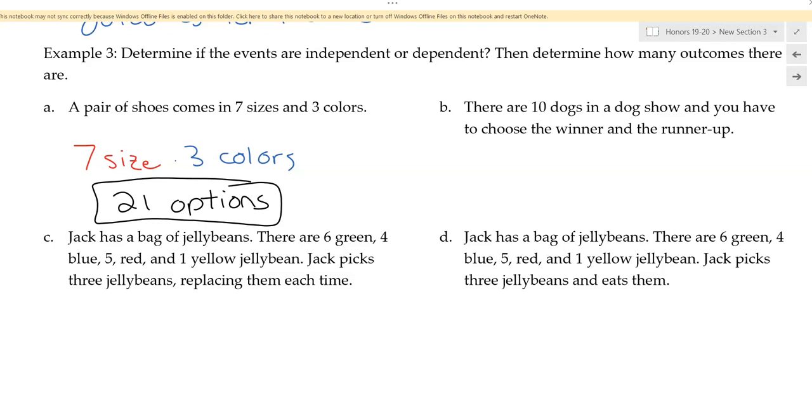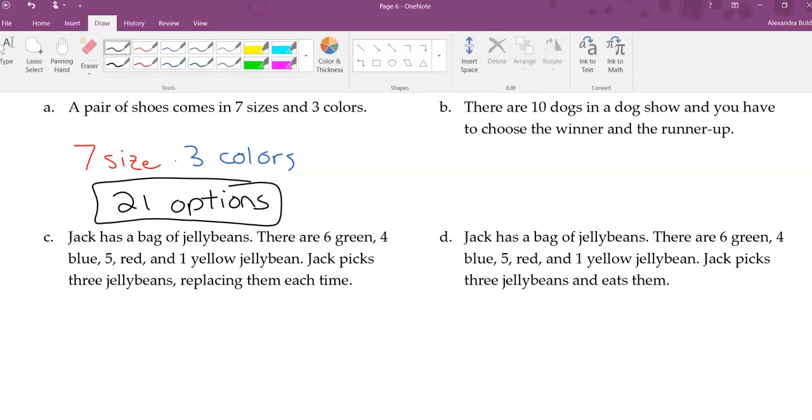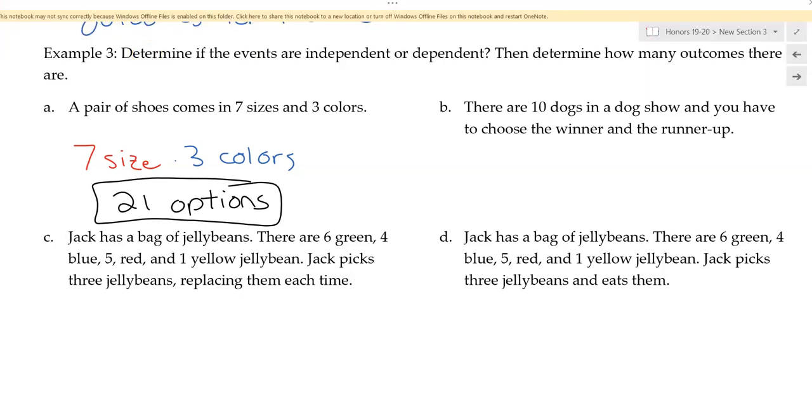Looking at B, there are 10 dogs in a dog show, and you have to choose the winner and the runner-up. So when I go to choose my first dog, there's 10 dogs I'm going to choose from. But now that I've chosen a dog as the winner, that dog doesn't go back in the pile of dogs I have to choose from. They're probably not in a pile, but you know what I mean. So when I go to choose my runner-up, there's only 9 dogs remaining.